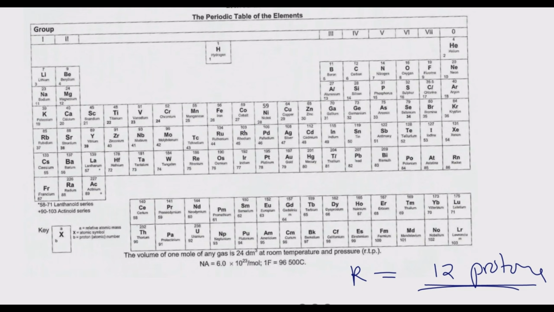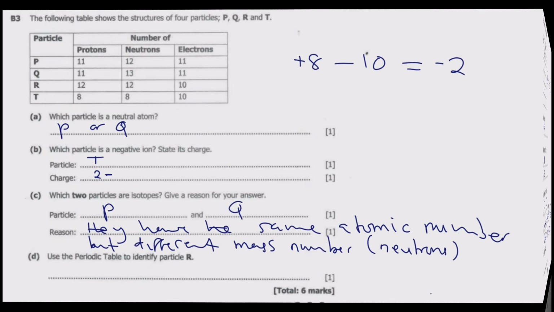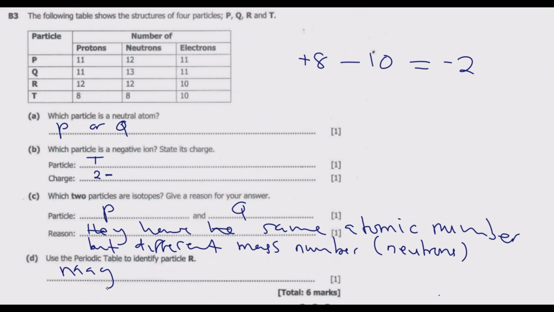The element with atomic number 12, which is the number of protons, is magnesium. So R is magnesium.